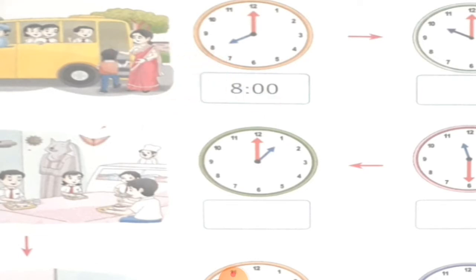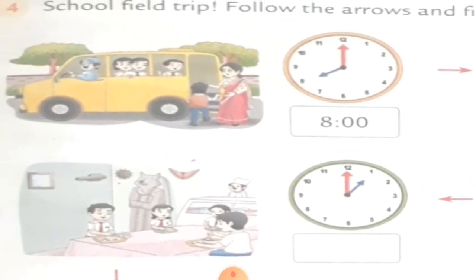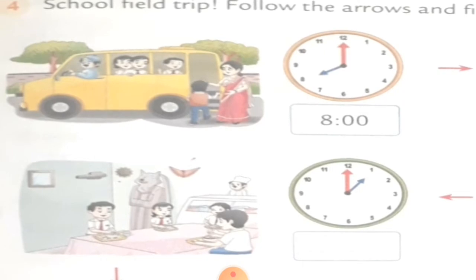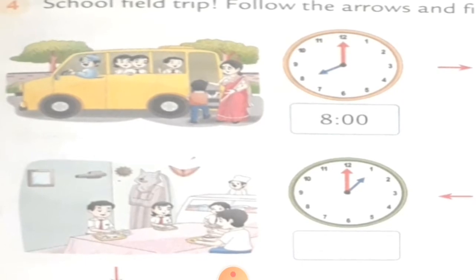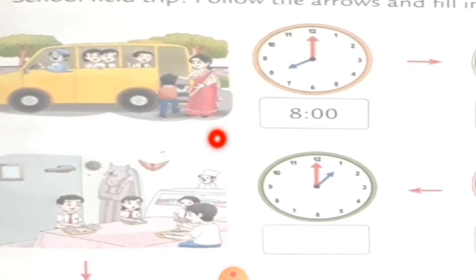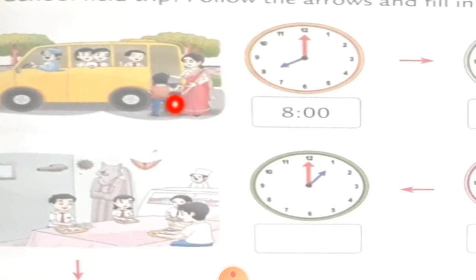See, in this picture you can see the mother of this boy drops the boy. The picnic bus, the picnic van is there, and the boy is going to sit in it, and it is 8 o'clock.